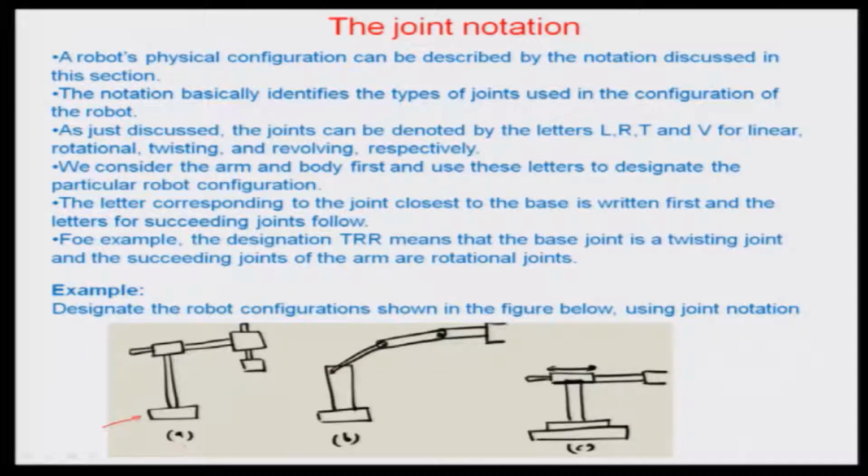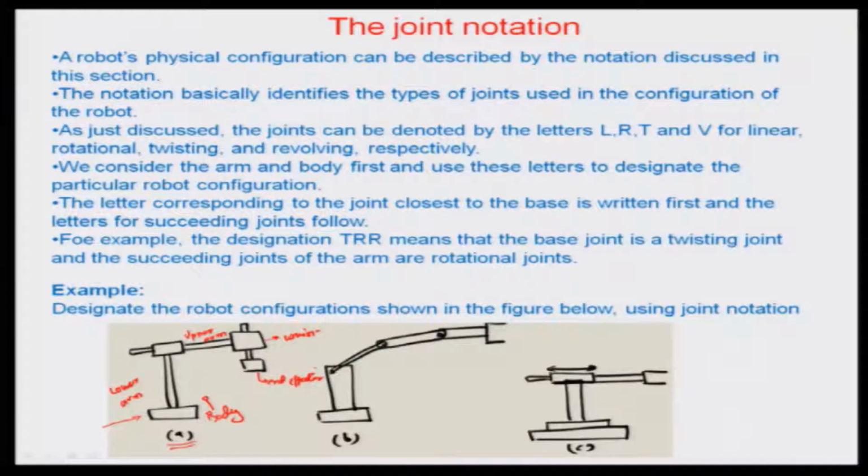In this particular case, to notate this robot joint, you start from the body of the robot and proceed to the lower arm, then the upper arm, followed by the wrist, followed by the end effector, and you have to mention what kind of joint each arm is.